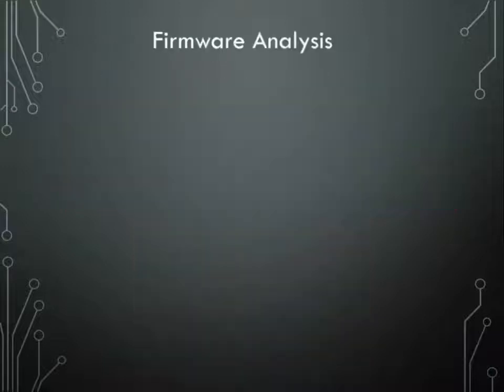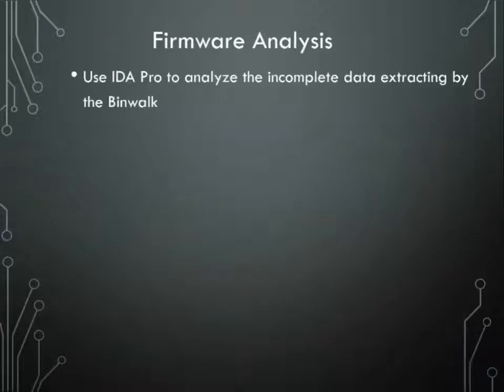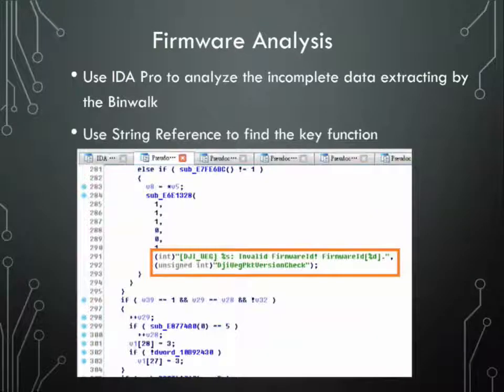So we use IDA Pro to analyze the incomplete data extracted by binwalk and use string references to find the key function. The function is designed to check the firmware. We can use it to reverse the firmware format.